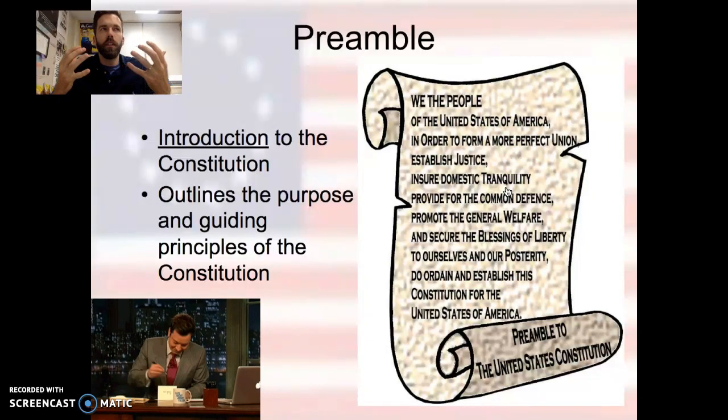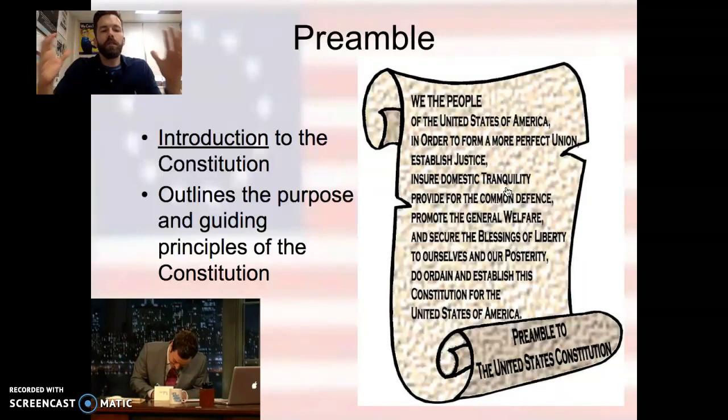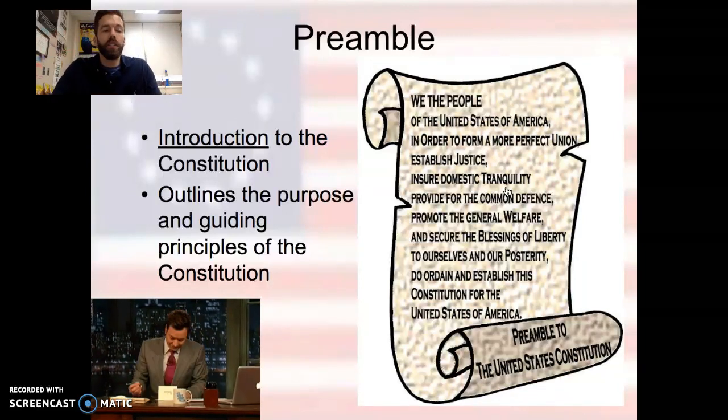And again, these blessings of freedom and liberty to people that live here now and to posterity, which would be the people coming next. It sets out this big vision of why we have the United States Constitution.